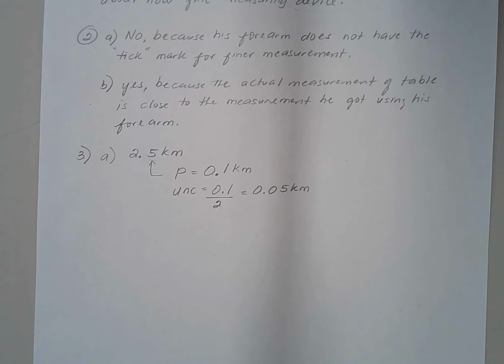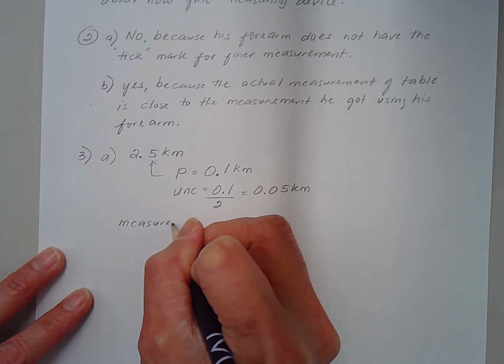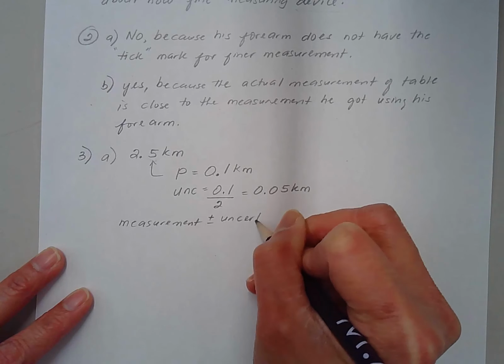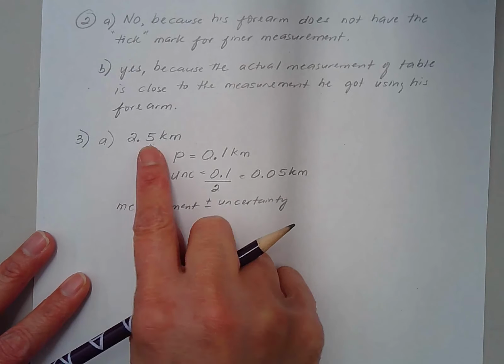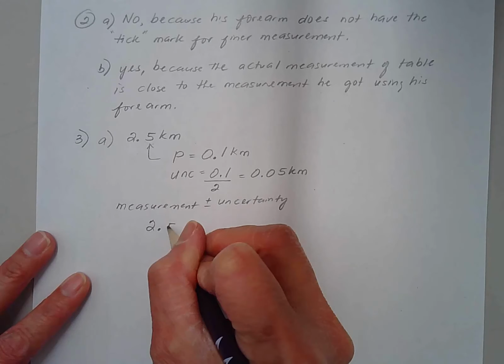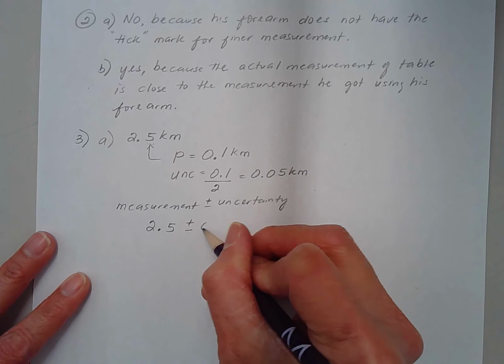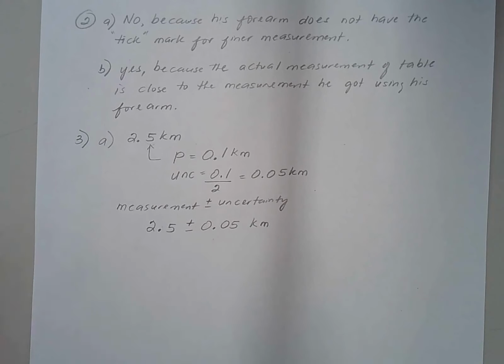Now that we have this information, we're supposed to write it as measurement plus or minus uncertainty. So the measurement is 2.5 kilometers, so 2.5 plus or minus 0.05, and everything is measured in kilometers.